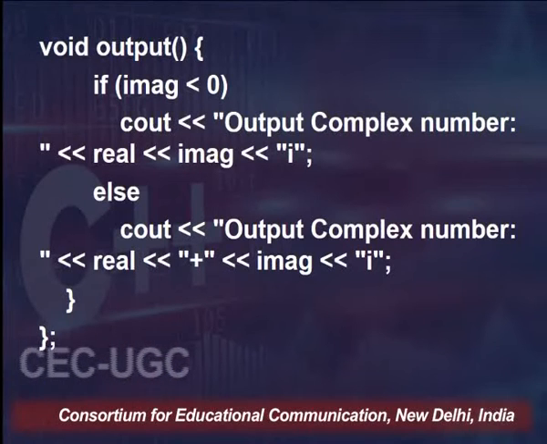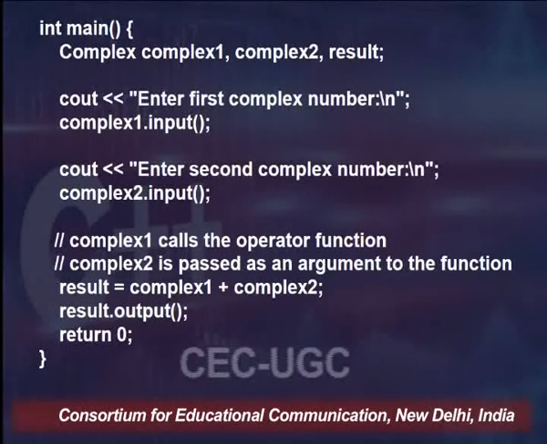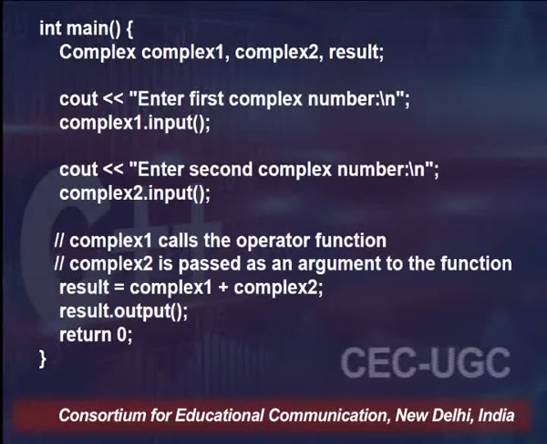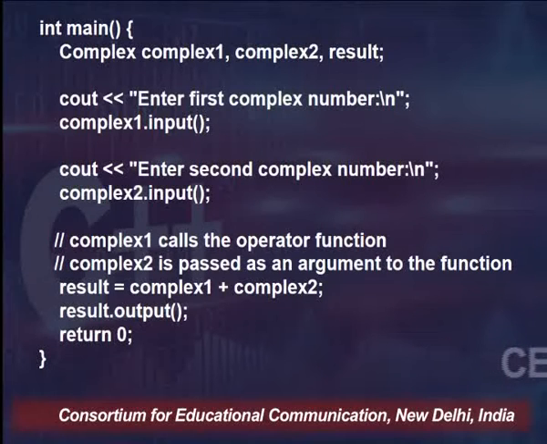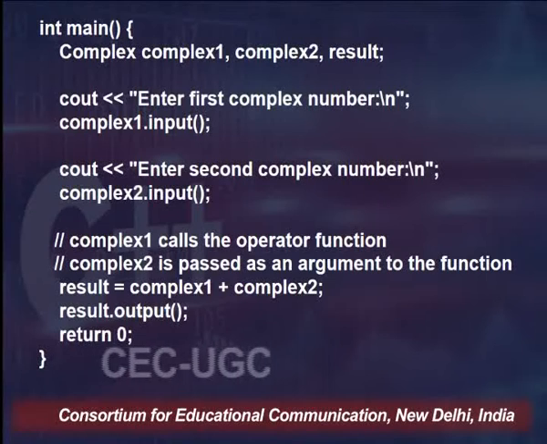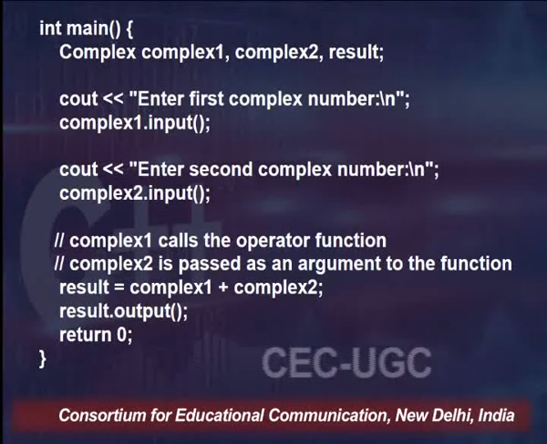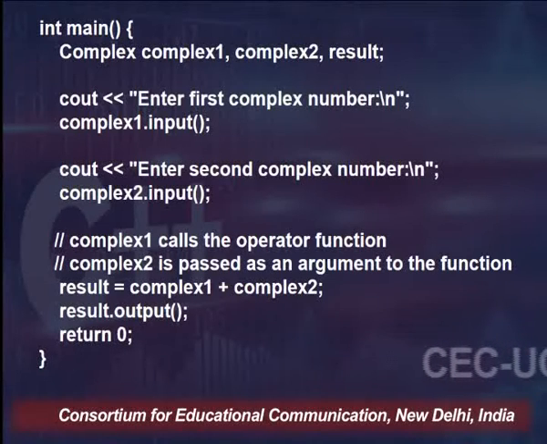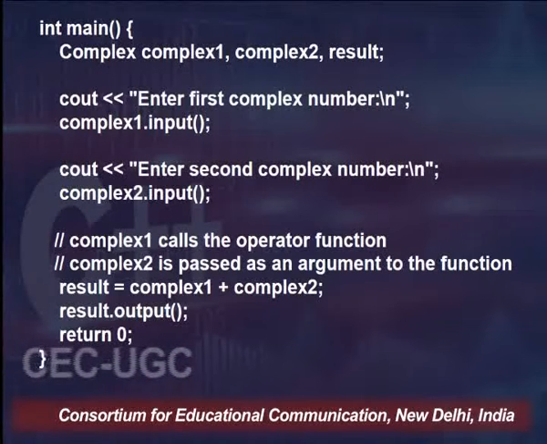Now how can we write the driver code? Here, if you have seen in the main function, I have taken 3 objects of class complex. One is complex1, another one is complex2, and third one is result.